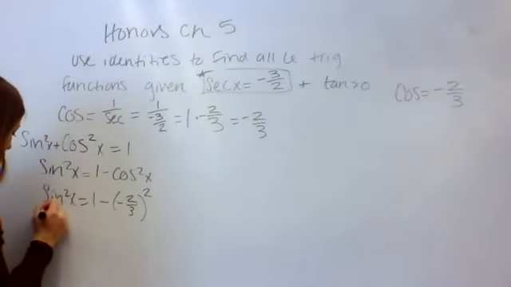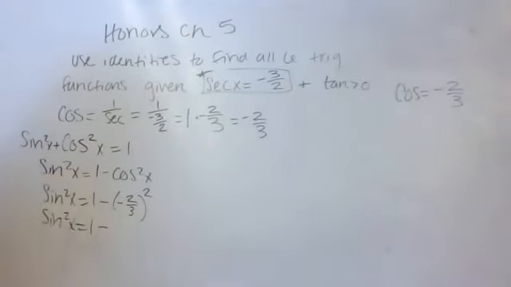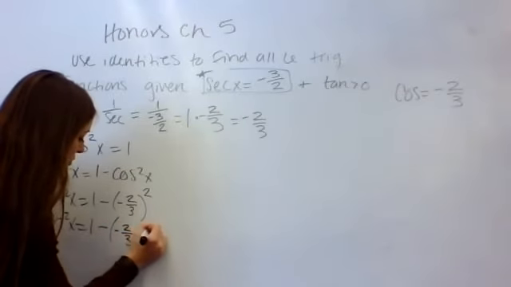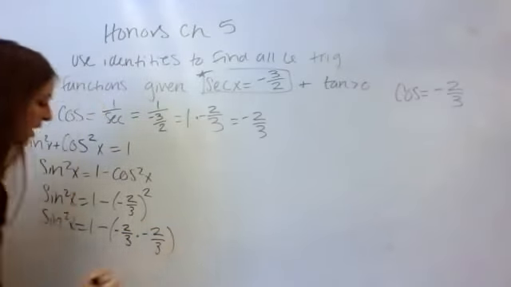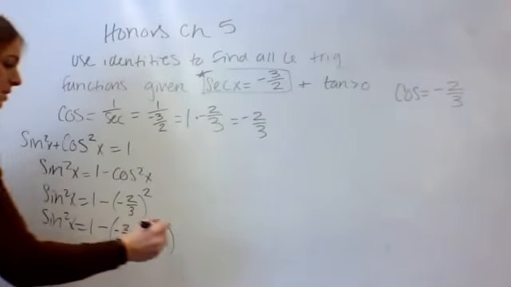When we square a fraction, it's just like any other number squared. When you have 5 squared, it's 5 times 5. When you have 2 squared, it's 2 times 2. So -2/3 squared is -2/3 times -2/3.